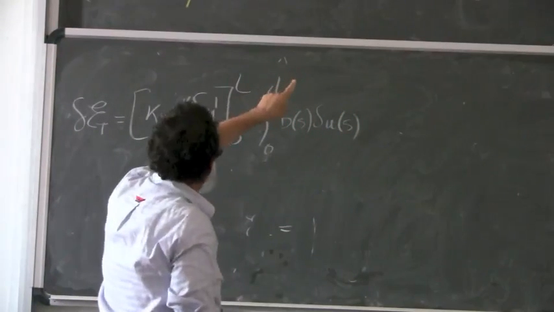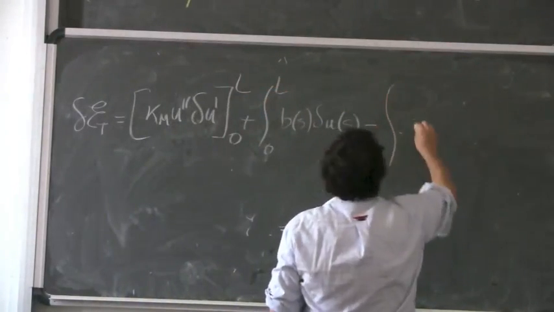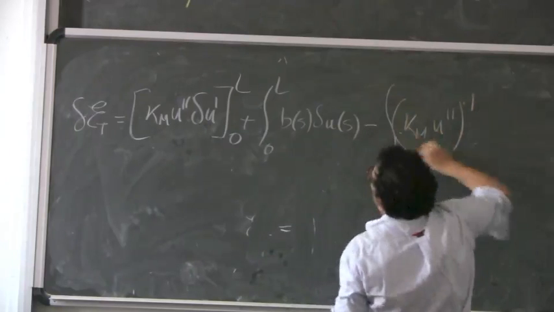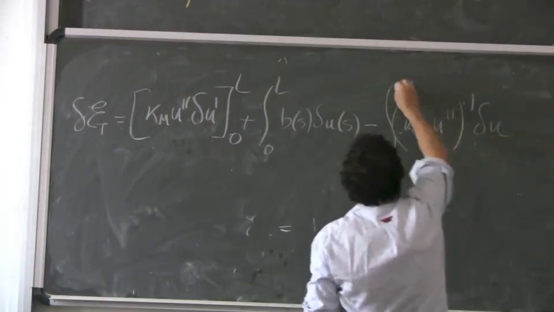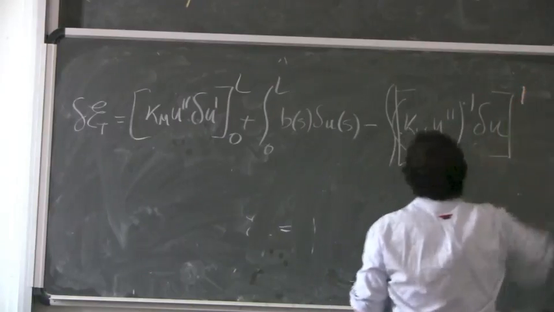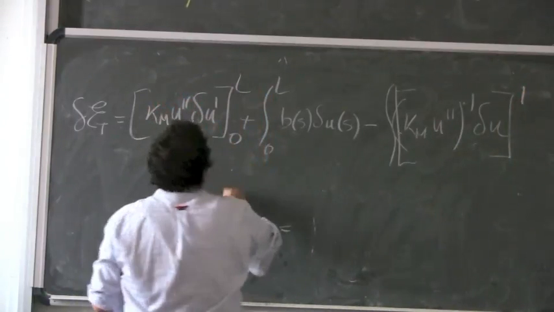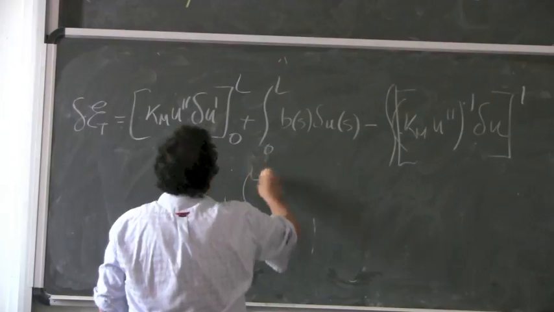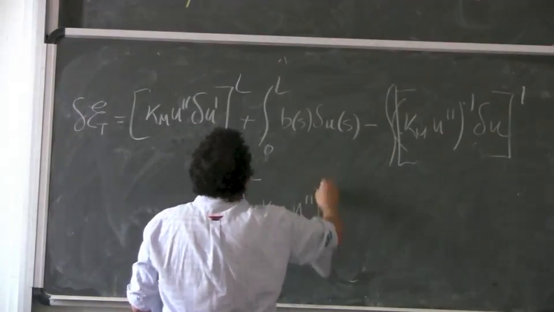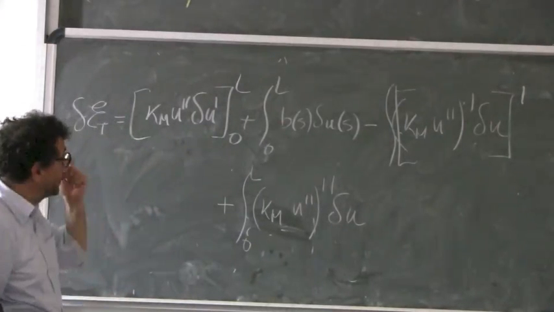Instead of minus this anymore, we write minus integral of Km u second prime delta u prime, okay, and then plus integral 0 L Km u second delta u. Okay?